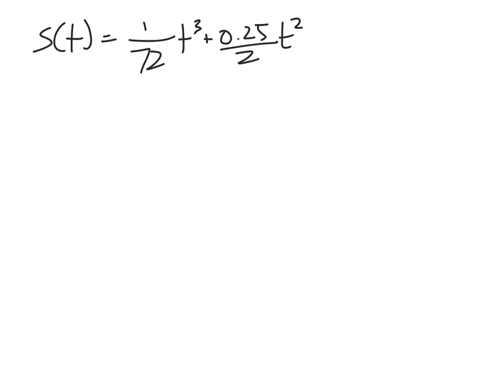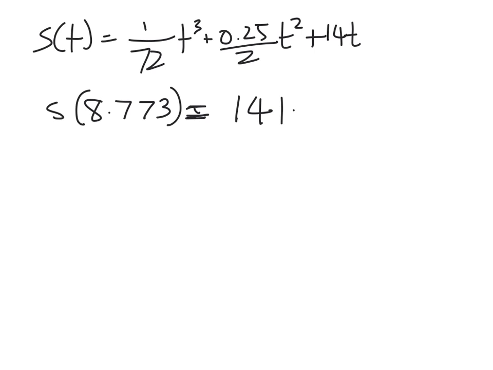Right, and hopefully you've seen the last little step, which is the easy bit, is to say what is S at 8.773 seconds. In other words, how far has the car gone in the first 8.773 seconds. And if I substitute that in to my calculator, I will get 141.82 metres.